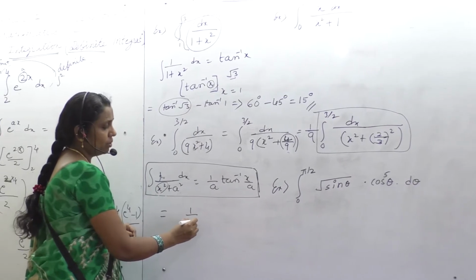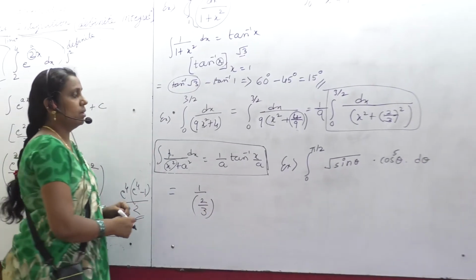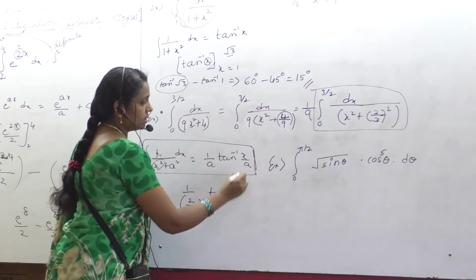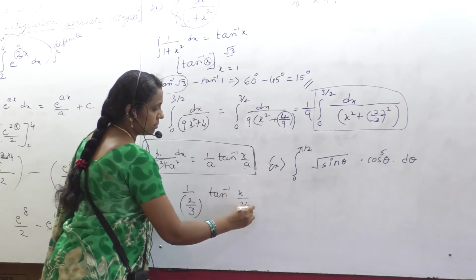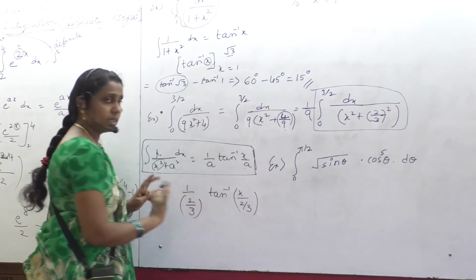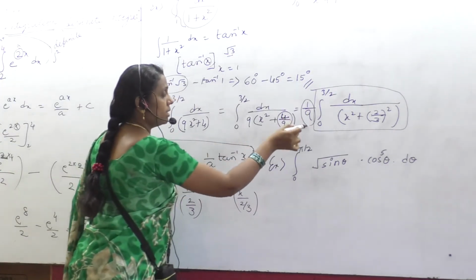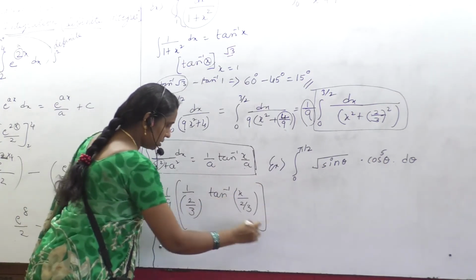A means what? 2 by 3. Okay. Next, tan inverse x by a. A means what? 2 by 3. This is done. Integration is done. But the constants are there, that you have to carry out as it is. This is our answer.